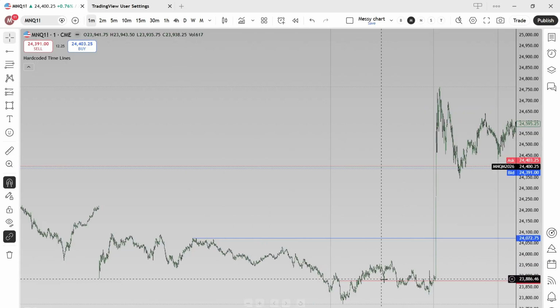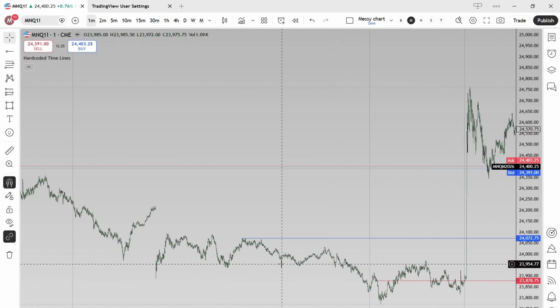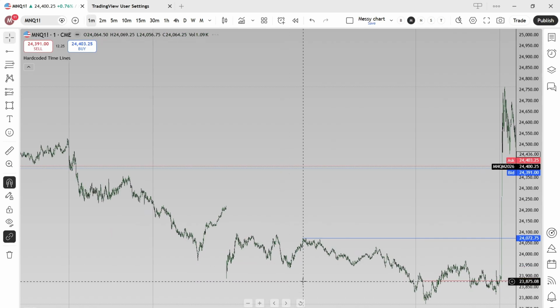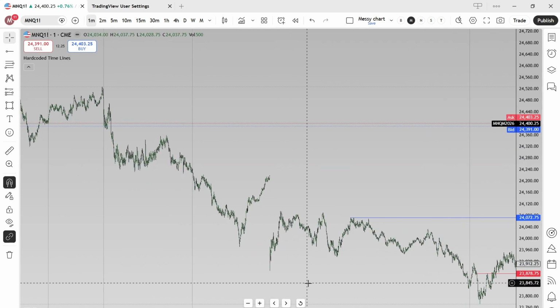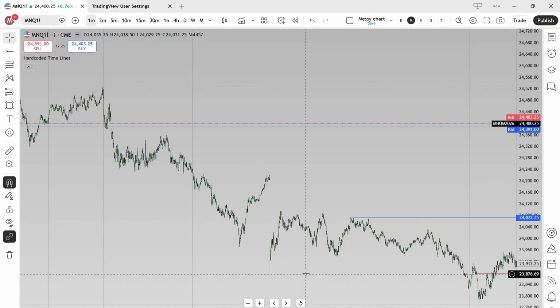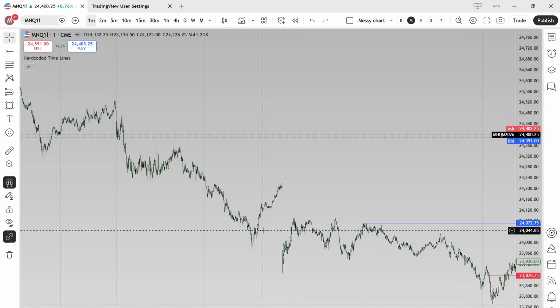Well, we're in London session here. So I'd be looking at Asia session liquidity first. And this is how to capture small moves. You don't need the full thing. These moves are more likely to get hit than the big daily highs or daily lows.